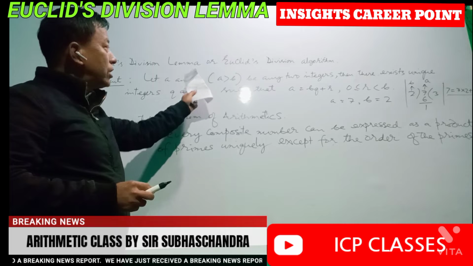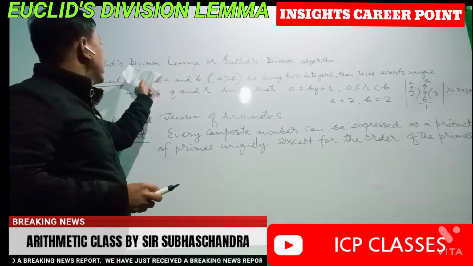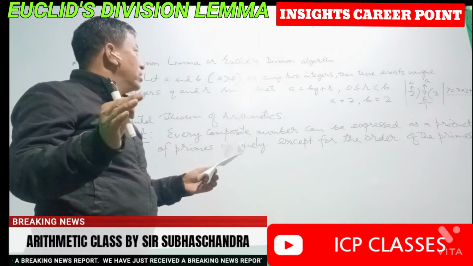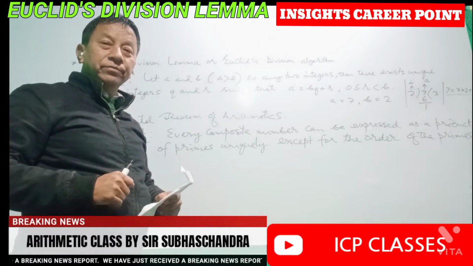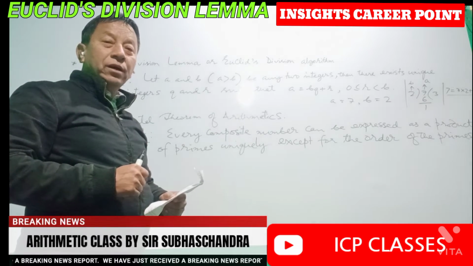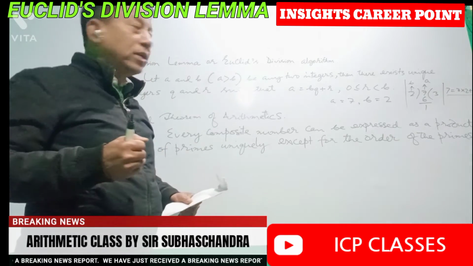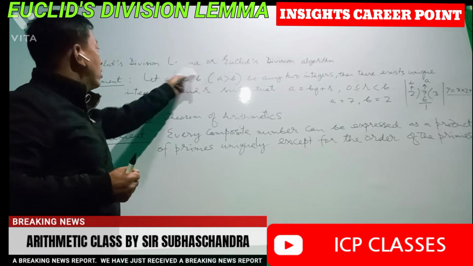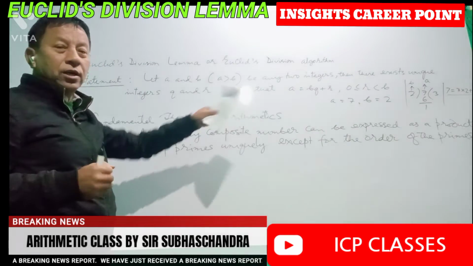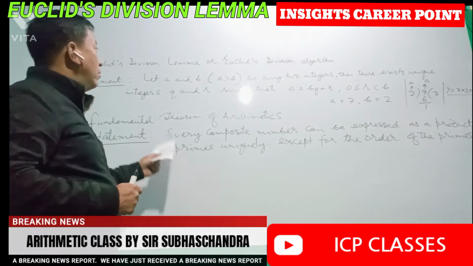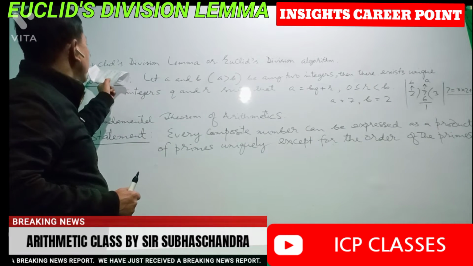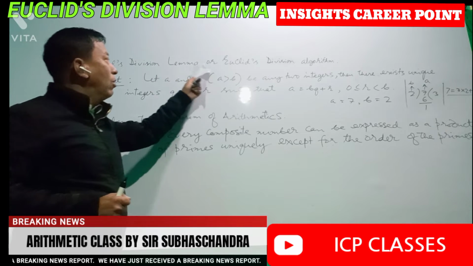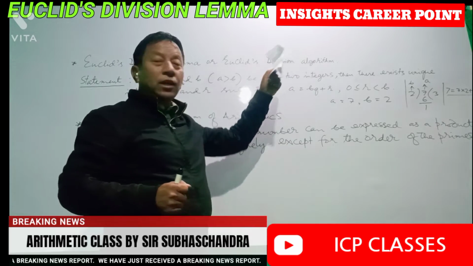So this statement is known as Euclid's division lemma or Euclid's division algorithm. Sometimes in the examination it may be asked by giving only one of these, either this or this. So please don't get confused about whether the question is about Euclid's division lemma or Euclid's division algorithm.